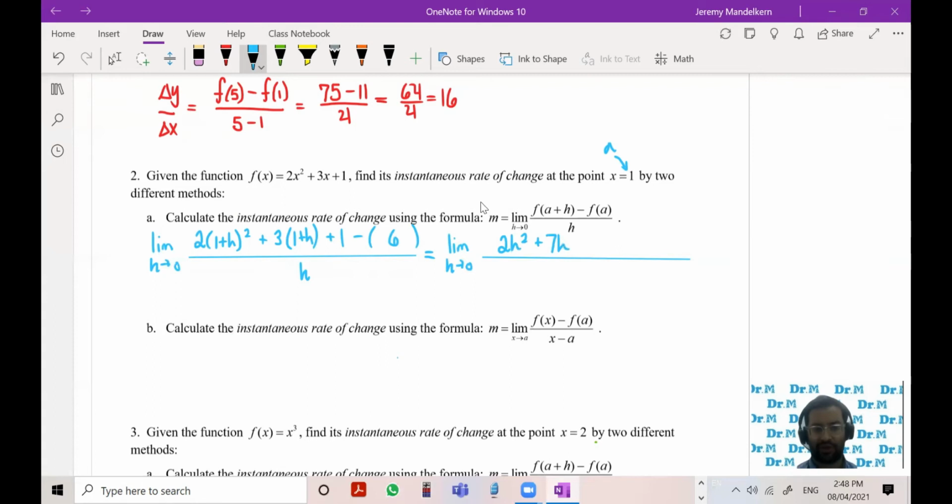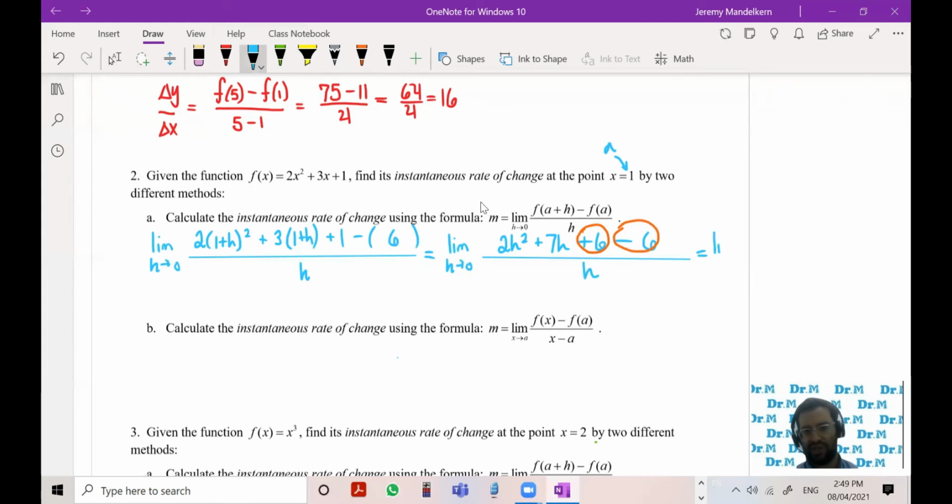As far as constant terms are considered, we have a plus 1 times 2, so that's a plus 2. There's also a plus 3. There's also a plus 1, so it's plus 6 and minus 6. In the denominator, we have h. Please note that the plus 6 and the minus 6 are canceling, and we can then divide out a common factor of h.